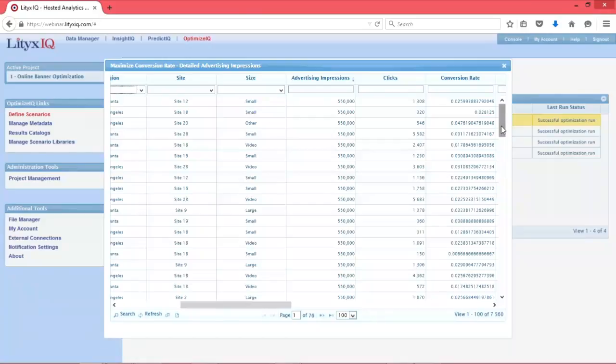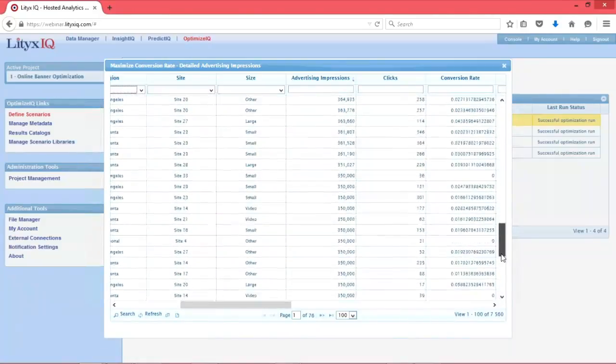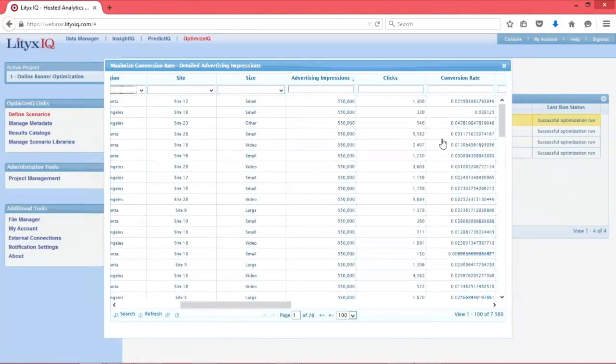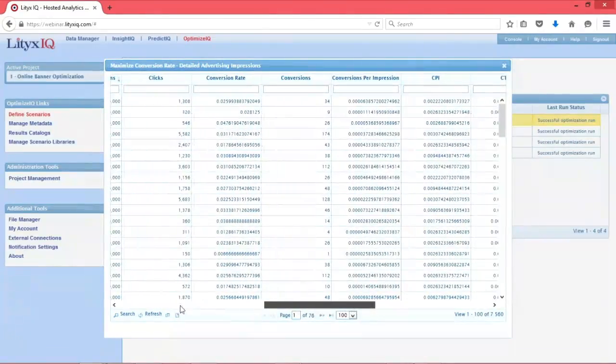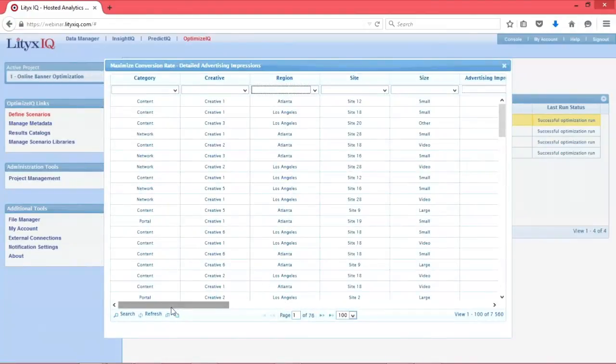So that is our media buying plan. And of course, we can ship this off to our media buying vendor, as well as a number of other metrics that we can expect to see as a result of this plan.